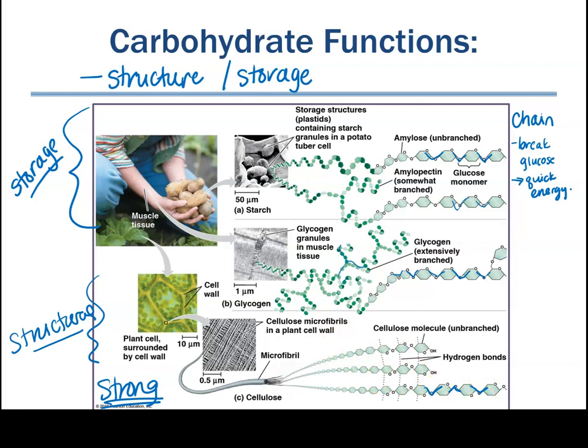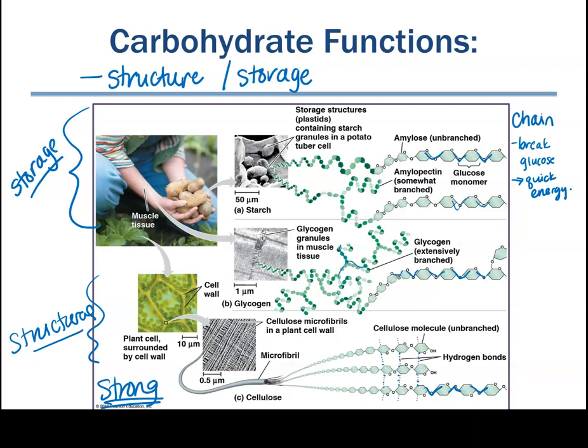And because of those alternating bonds, we actually have some hydrogen bonds that can form in between the strands of cellulose. So not only do you have covalent bonds linking all of your sugar molecules, but you've also got hydrogen bonds in between those strands of cellulose molecules, and that's going to give it some extra strength. Remember in chapter 2 we talked about hydrogen bonds and how individually they're really weak but collectively they're really strong.